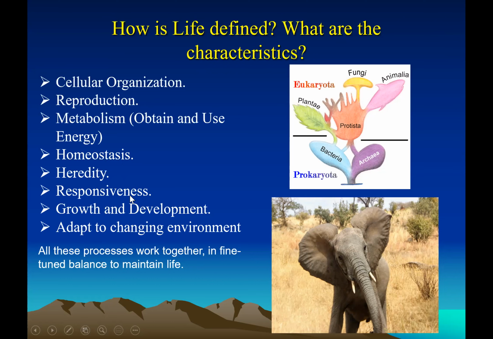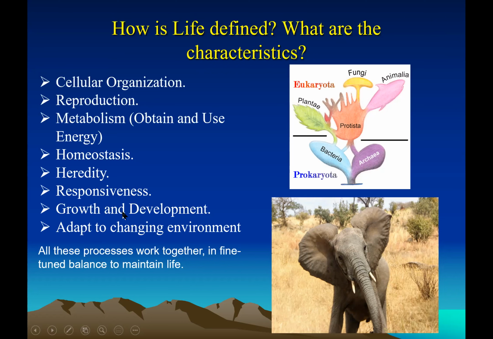All living organisms are very responsive to the environment. They will respond to the environment. For example, birds will fly at a stimuli, like when you throw a stick at them, or like flowers will open in response to sunshine. So they are highly responsive.